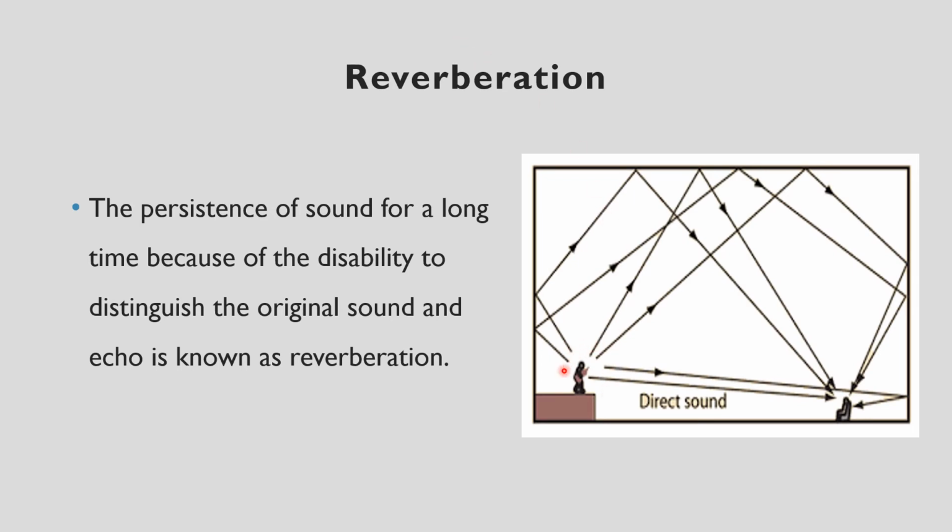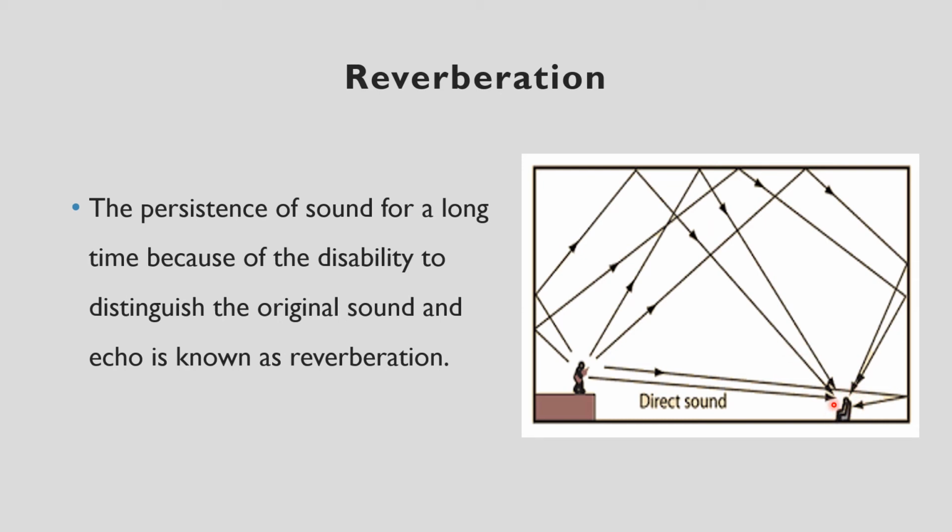Here, there's a sound source and it produces a sound, and that sound directly travels through the air and reaches the ear of the listener, and also that sound travels throughout the atmosphere or the air in this room, and hits the walls like this and gets reflected, and this reflected sound also reaches the listener's ear.